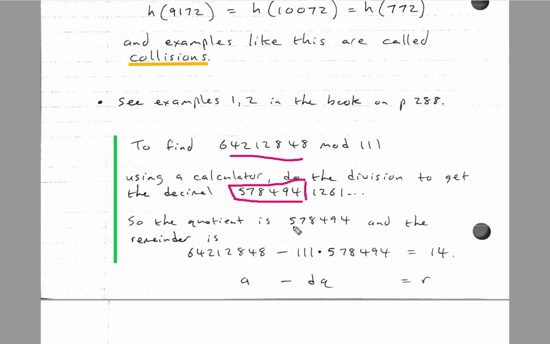Okay, so then if you multiply this by the divisor and subtract that from the original number, that gives you the remainder.